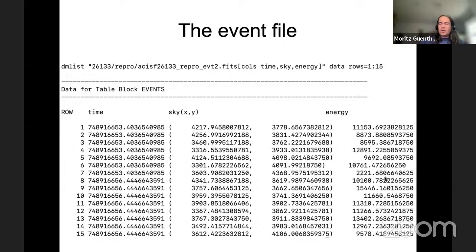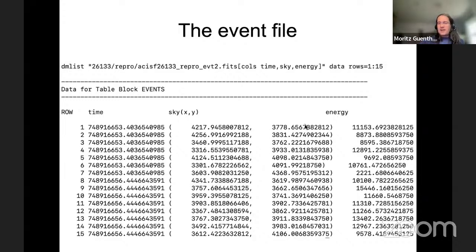Okay, so what we can do now is bin this event list. We can, for example, bin it in time and say, in the first time bin, there'll be 1, 2, 3, 4, 5, 6, 7 photons. In the second time bin, there'll be 1, 2, 3, 4, 5, 6, 8 photons, and then we keep counting, and then we get a light curve.